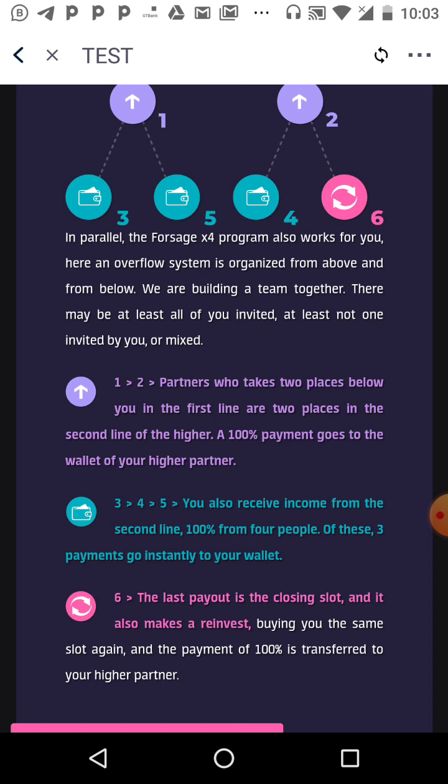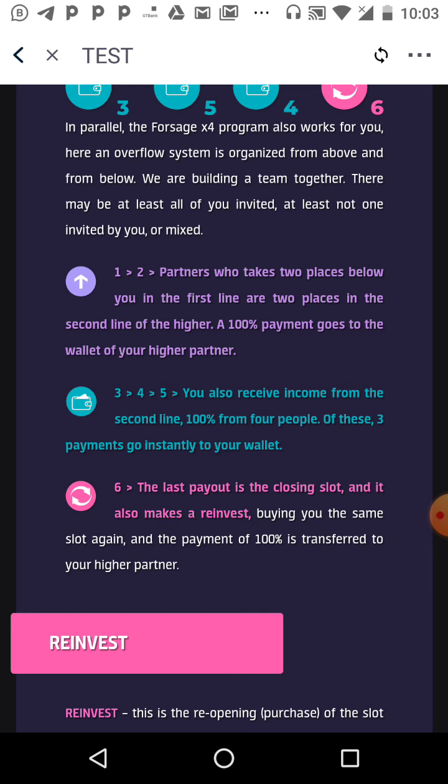There may be people invited by you, or not, or a mix. I said that earlier on: you might not actually invite anybody, but you still make money from the reinvestment. That shows that you have to position. It's called positioning. It's called take your place. We are building a team together and growing your slots.